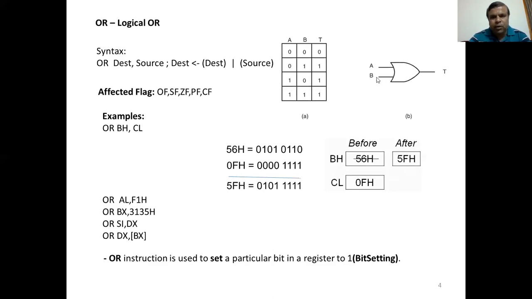Here the bits A and B are ORed to produce the result T. So 0 OR 0 is 0, 0 OR 1 is 1, 1 OR 0 is 1, and 1 OR 1 is always 1.